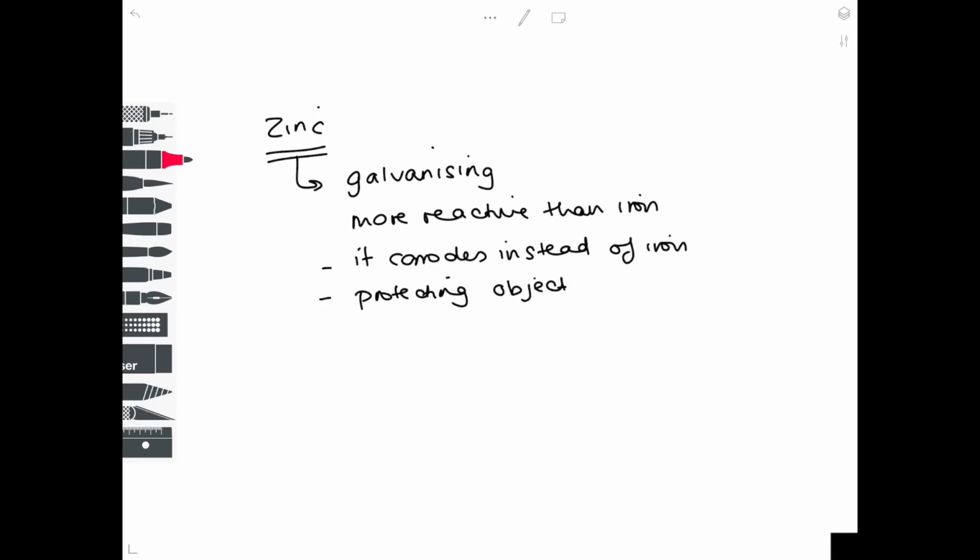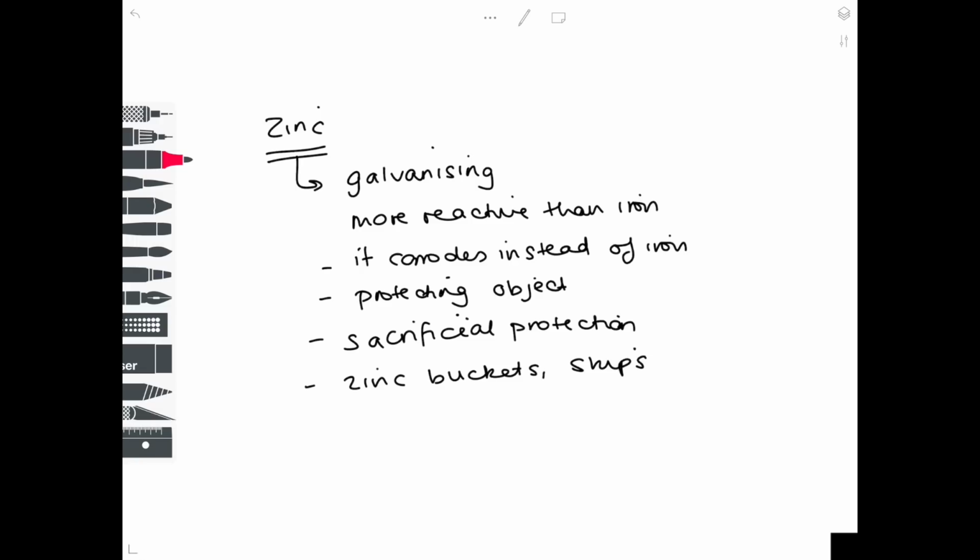And we call this sort of protection sacrificial protection. And places you find galvanizing is things like zinc buckets, the side of ships. You'll see zinc blocks.